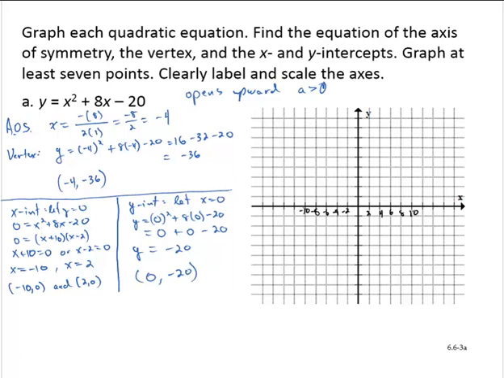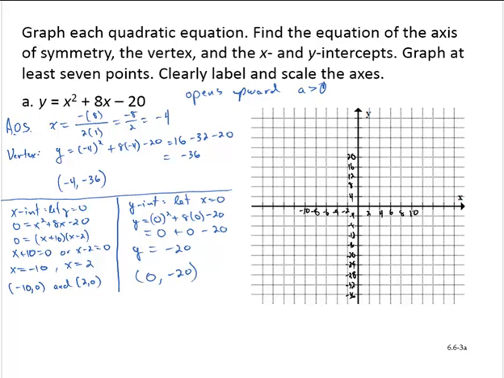And I'm going to use a scale of 4 on the y-axis. So 4, 8, 12, 16, 20, etc. Negative 4, negative 8, negative 12, negative 16, negative 20, 24, 28, 32, 36.